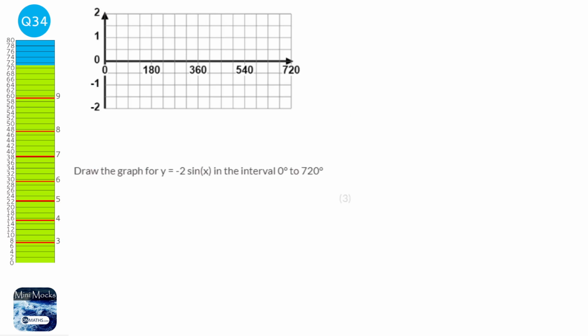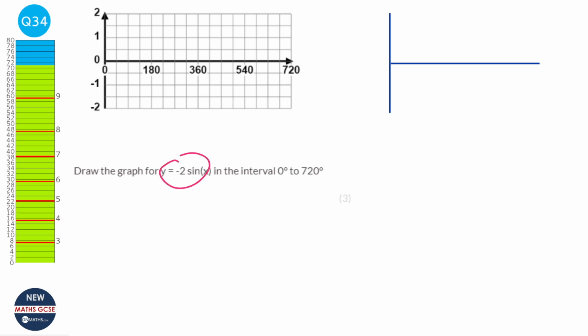It's always important with these questions to realise what the normal graph will look like before we have a look at what the new function will look like. So it's always good to remind yourself what a y equals sine x graph looks like.